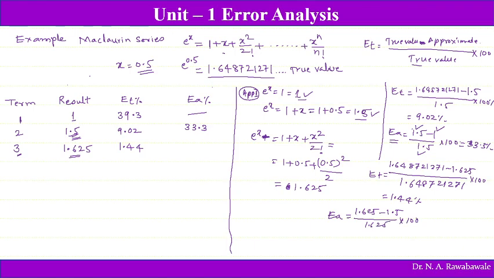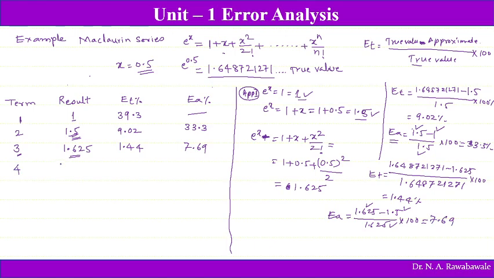So here the true value plays no role in the approximate error. Only the present value minus previous value divided by present value gives us the approximate error as 7.69%.